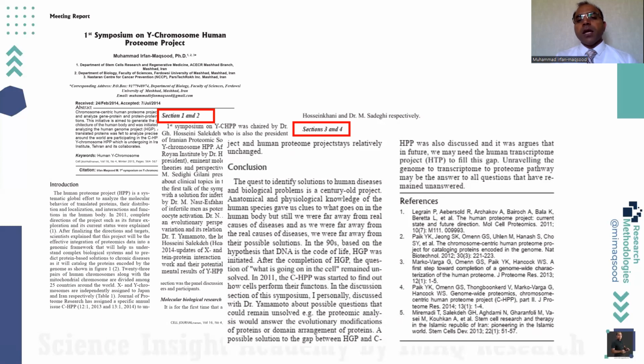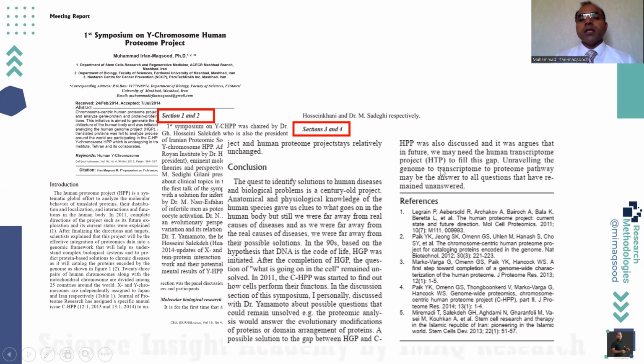Then I had comprehensive discussions with them and reached a new conclusion: when we are talking about the human proteome project, then why are we not talking about a human transcriptome project? Focusing on this, I proposed the necessity of a human transcriptome project, and Dr. Yamamoto agreed with this proposal.